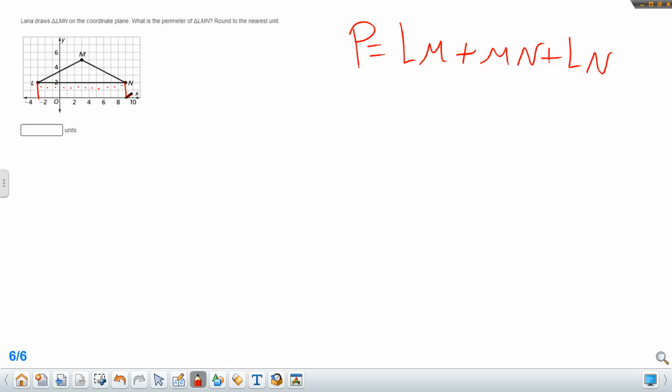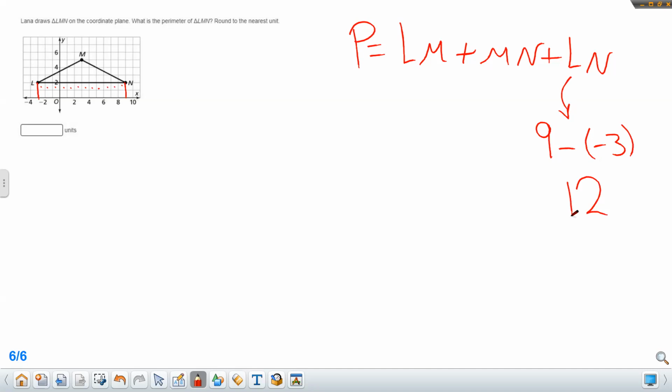So we can subtract 9 minus -3, which is 9 plus 3, which is 12. So LN equals 12 by counting or by greatest minus smallest. But this is about horizontal or vertical distances.